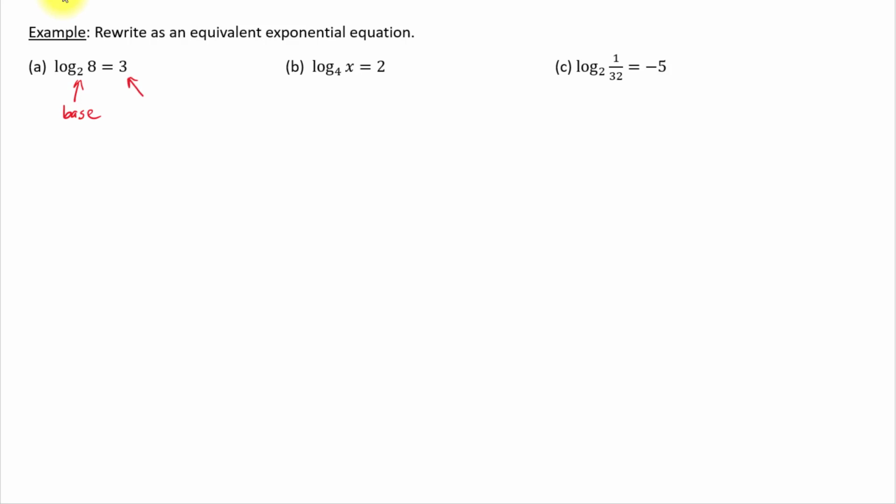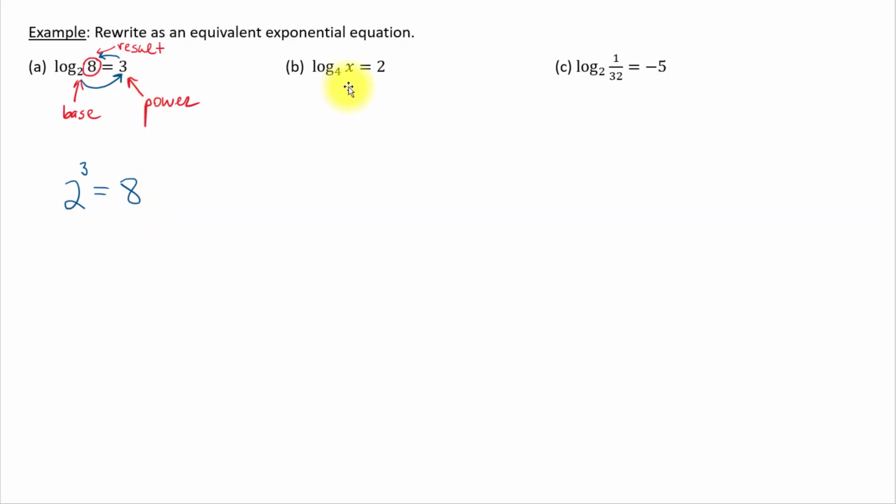What the logarithm equals always represents the power, and the number or expression that's inside the logarithm I like to call the result. In other words, to obtain the exponential form, we want to take the base, raise it to the power, and set that equal to the result of the operation. In other words, we're going to get 2 to the third power equals 8. And by the way, this helps us to see that the equality is true.